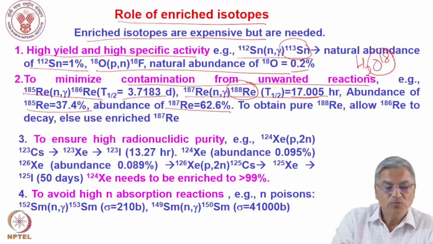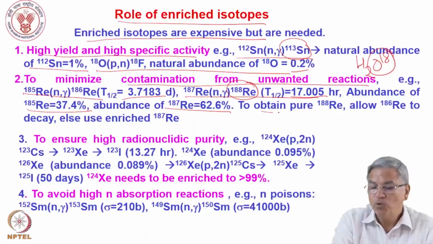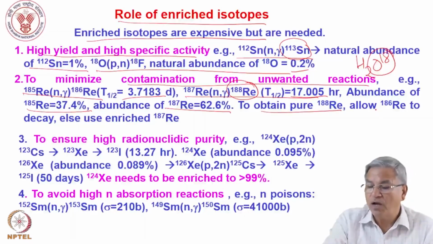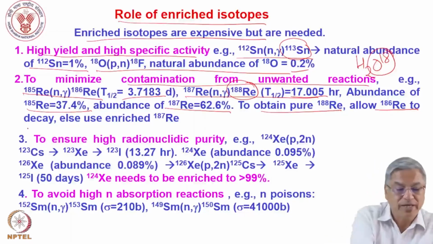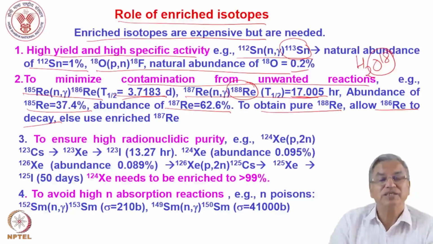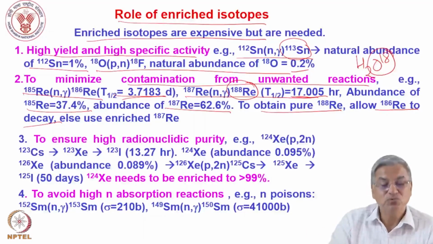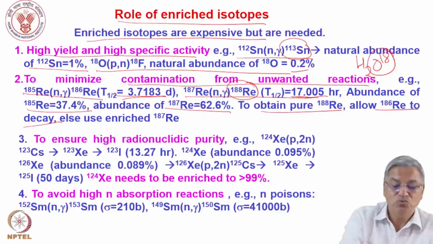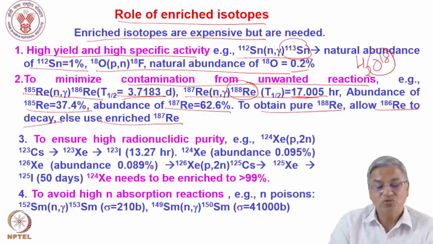So to obtain pure rhenium 188, you have to allow rhenium 186 to decay. But how can you allow it to decay? Rhenium 188 is shorter-lived than 186 rhenium. So it is not possible to allow 186 rhenium to decay. Therefore, what you do, you use enriched 187 rhenium.